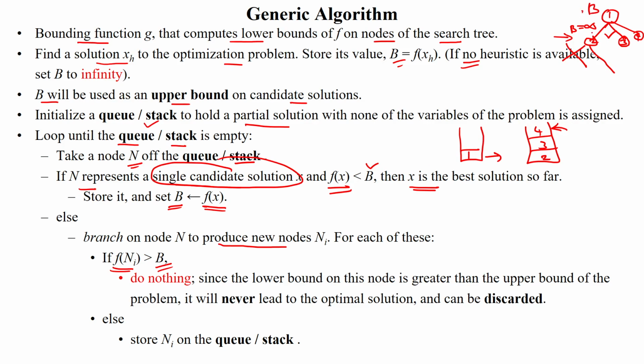If the calculated value is greater than the parent bound value, we should not do anything. Otherwise, if the calculated value is less than the parent bounding value, we can store that node inside the queue or stack.